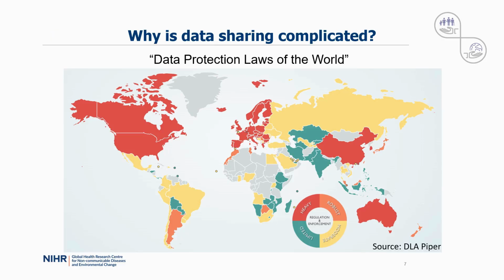This map is from DLA Piper, and it basically summarizes the different levels of data protection laws of the world. Different countries have different regulations. Some are more stringent, and these are highlighted in red, and some are not as stringent, which are highlighted in green. And you've got countries that are orange and yellow in between.